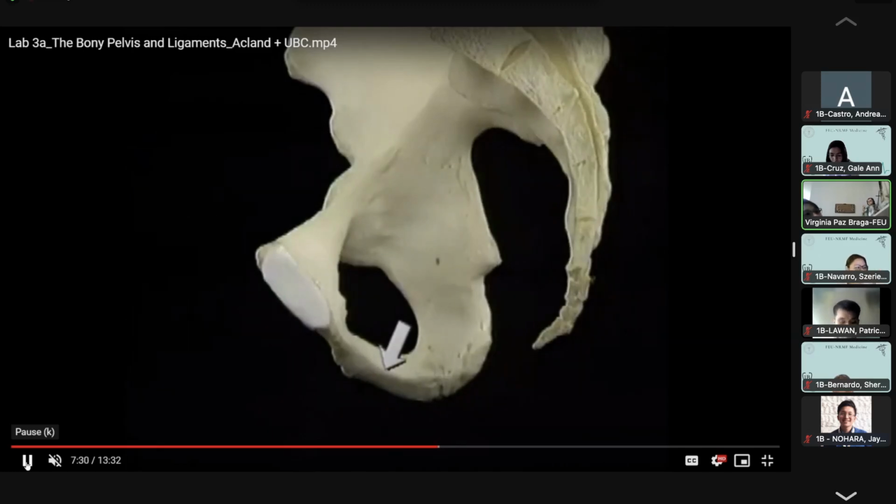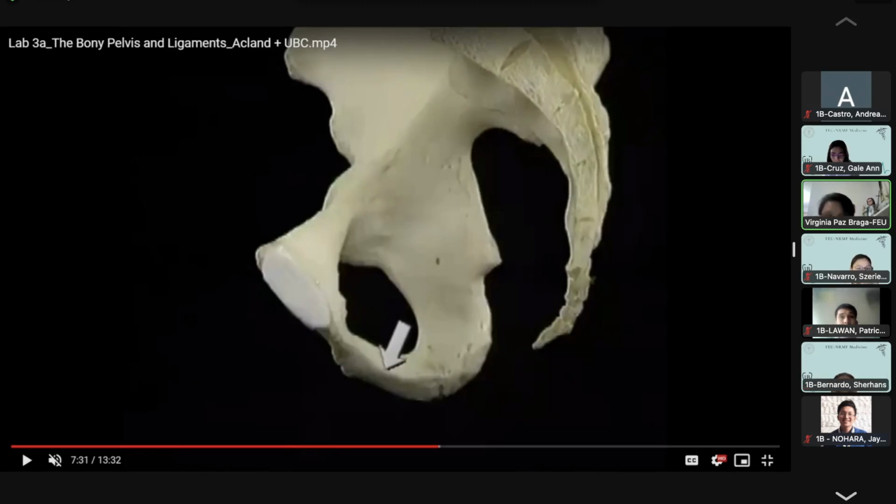Body of the pubis. If that's the body, what is this now? Unmute para makasagot. Ay, baka may sumasagot pala sa chat box.